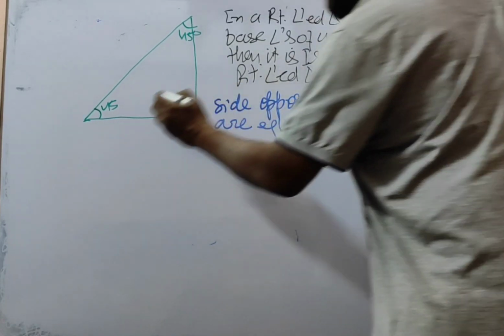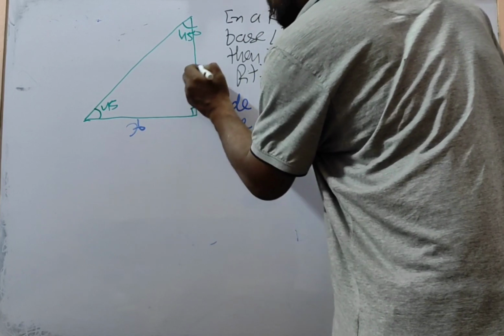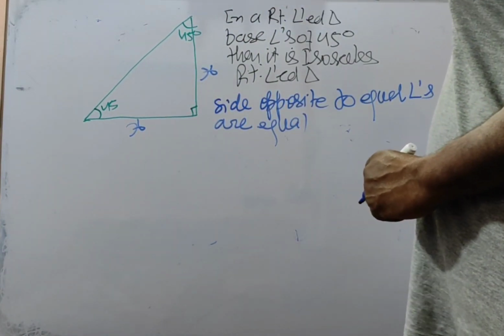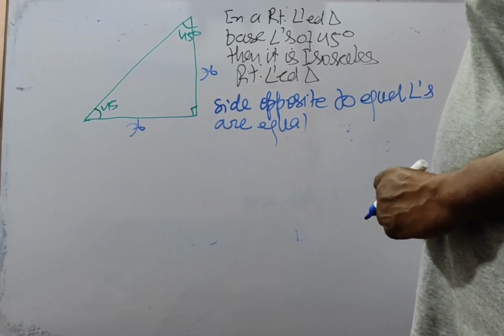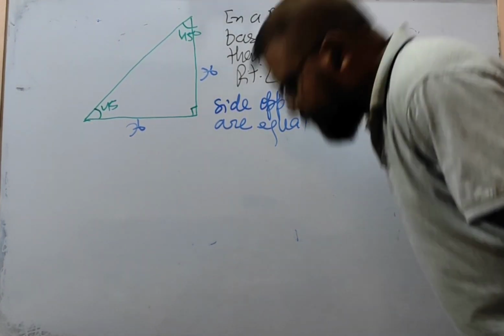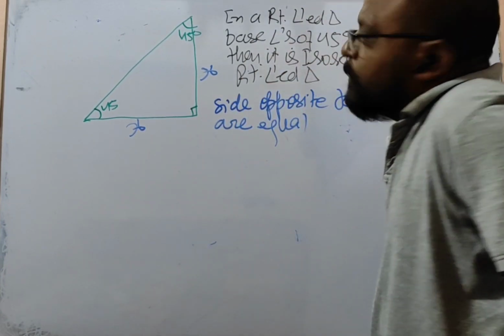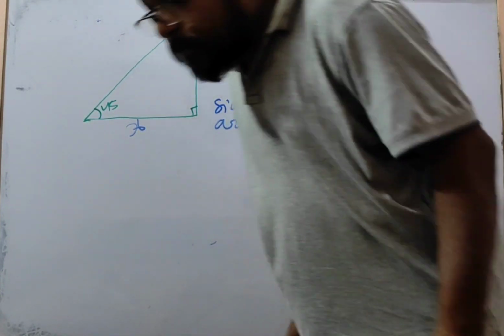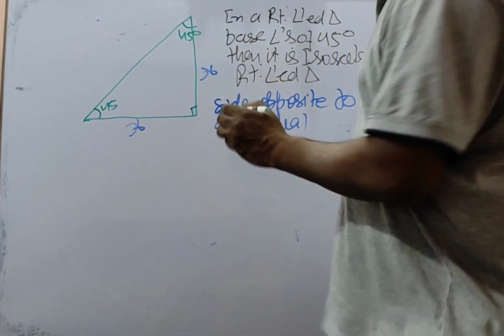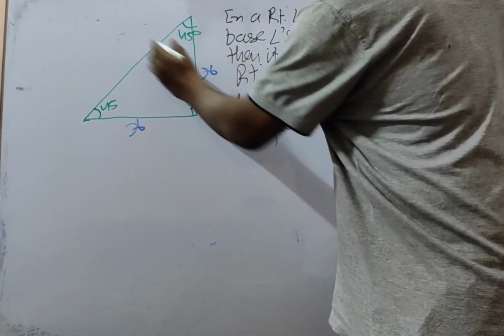It means this is x, so this will also be x. Got it? Okay. So this is x and x.